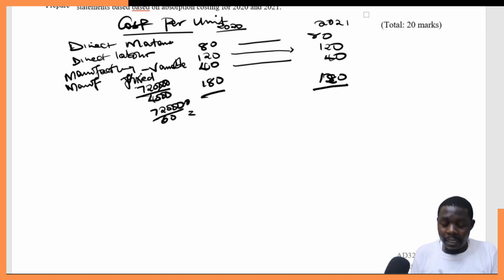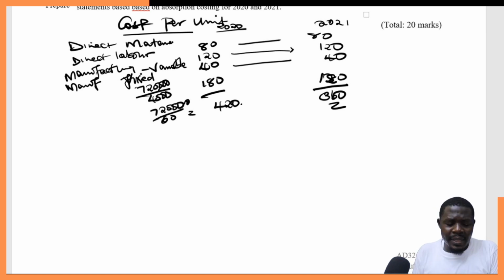Therefore, you can add, you have 120 plus 40 plus 120 plus 80, have 360. And then this side we have 80 plus 120 plus 40 plus 180, have 420.